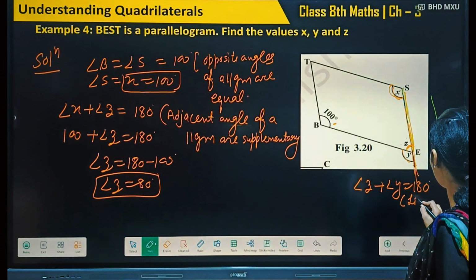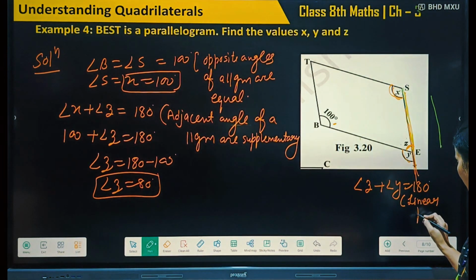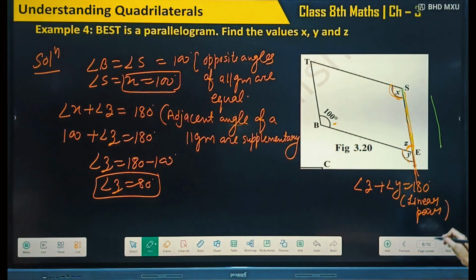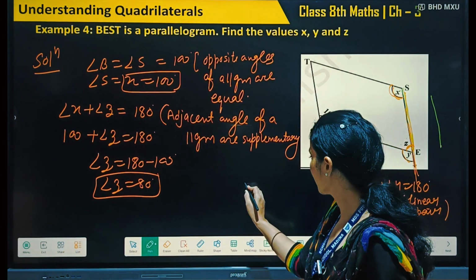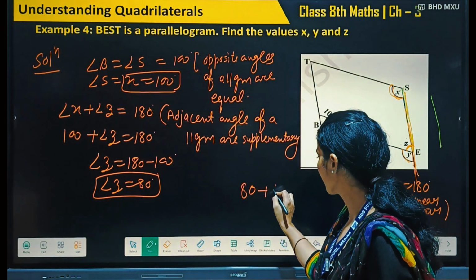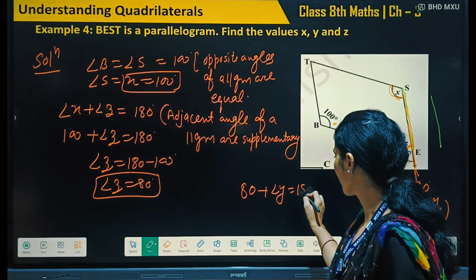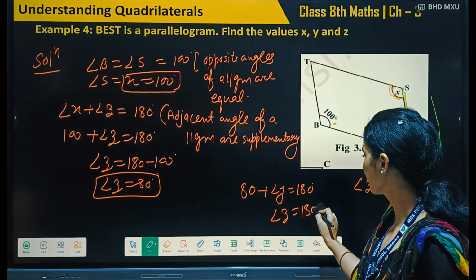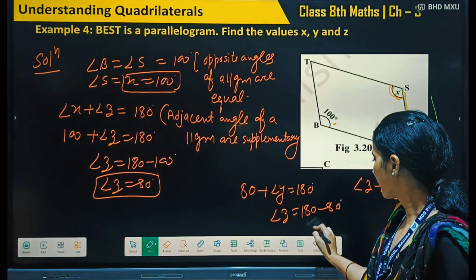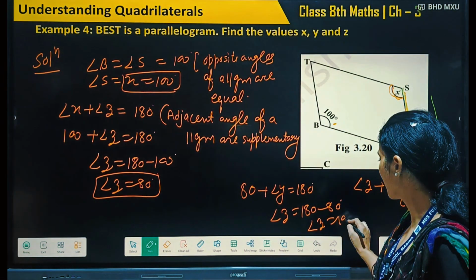The reason is linear pair. So angle Z equals 80 degree and angle Y we have to find out equals 180 minus 80. It means angle Y equals 100 degree.